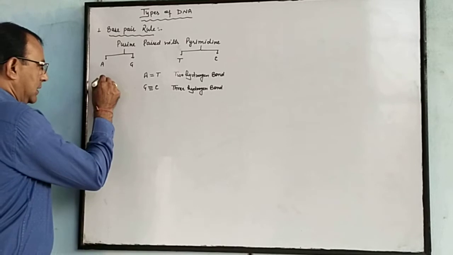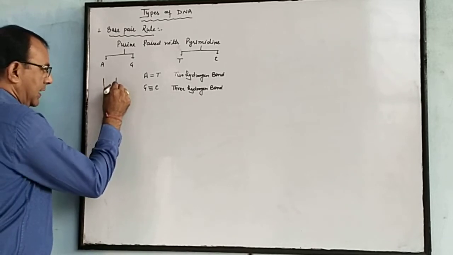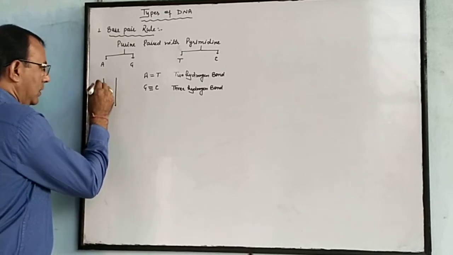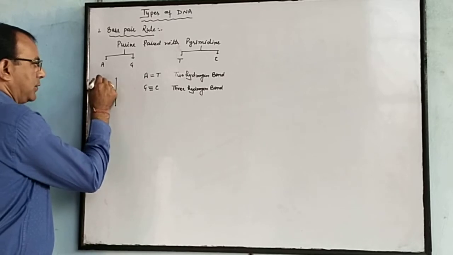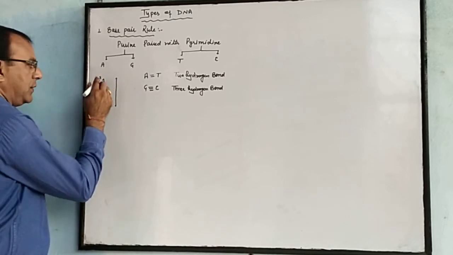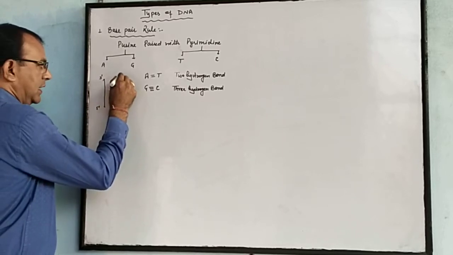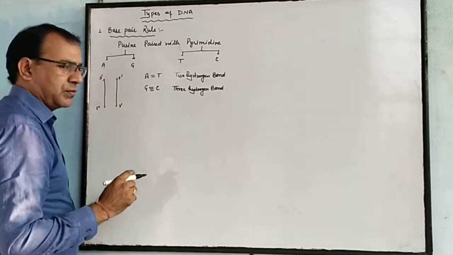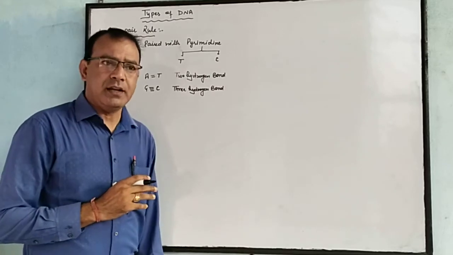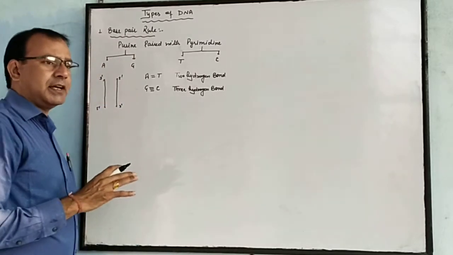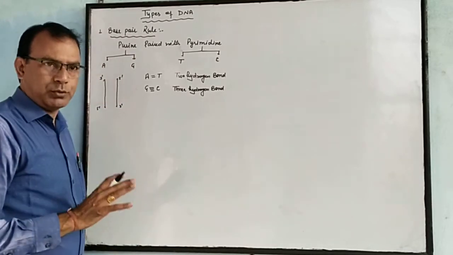Suppose this is the double stranded DNA. Double stranded DNA means the first strand has polarity 3' to 5' and the second one is 5' to 3'. We have already discussed in the previous part that in double stranded DNA both strands are anti-parallel to each other.